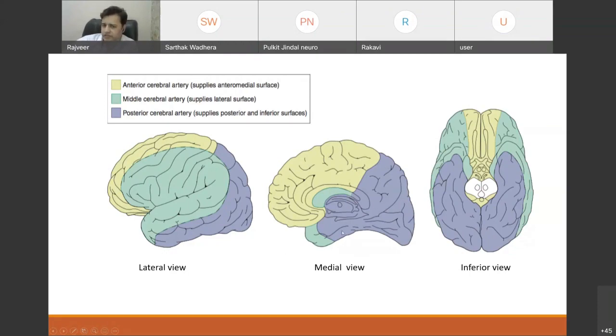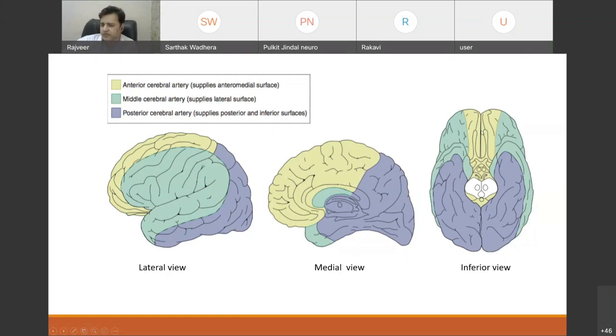If we see from the medial side of one hemisphere, the middle area of the frontal and parietal lobe is supplied by the anterior cerebral artery, and then the middle part of the parietal lobe, occipital lobe, and temporal lobe is supplied by the posterior cerebral artery, and the anterior part of the temporal lobe is supplied by the middle cerebral artery.